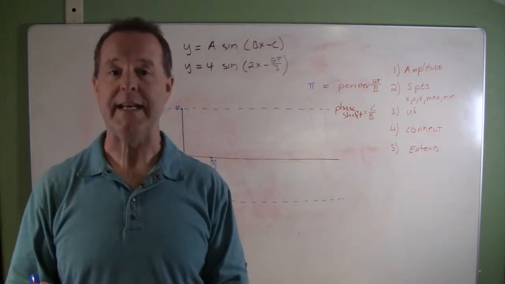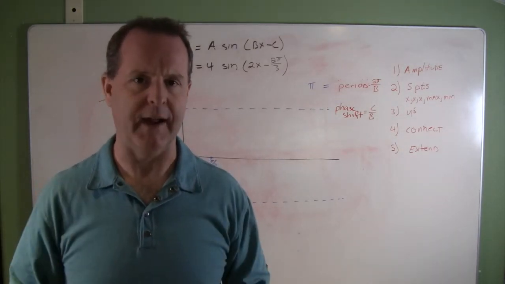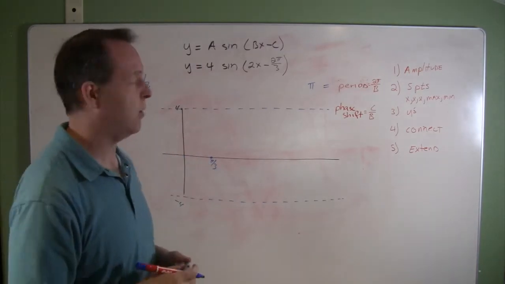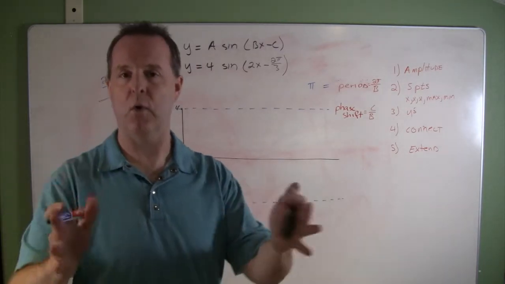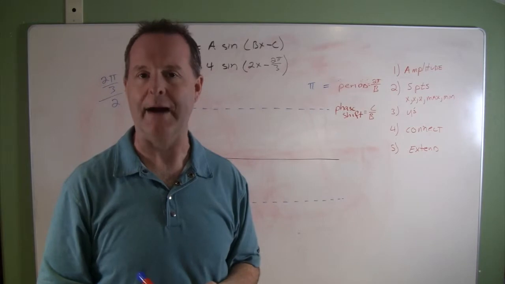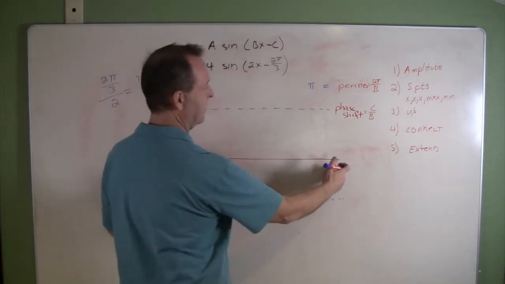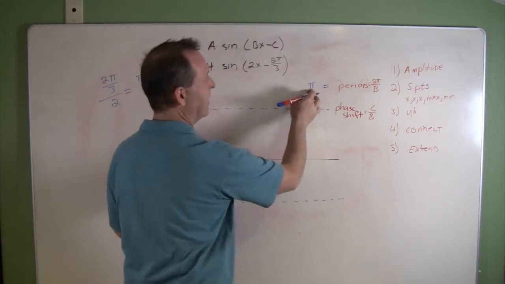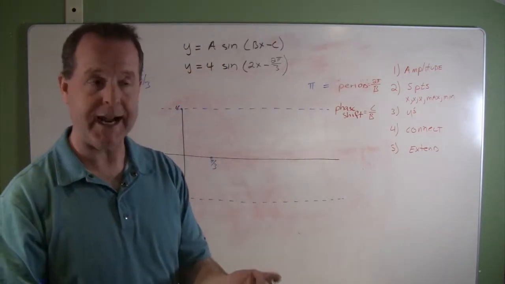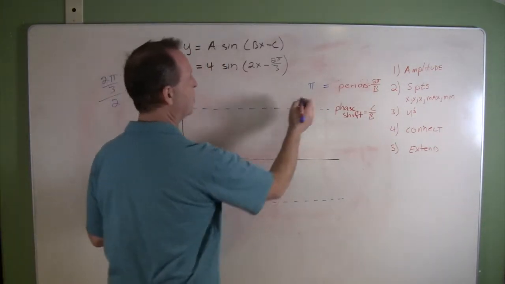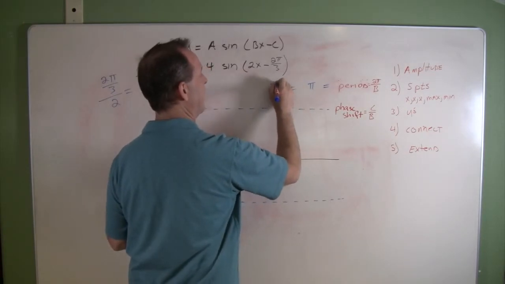The next part we need to do, which uses a little bit of algebra, is find out where those 4 key parts of the graph are. So we take its entire period, which we found out was pi, and divide that into 4 sections. So we know that something cool happens every pi fourths.